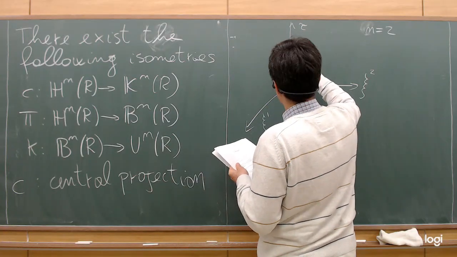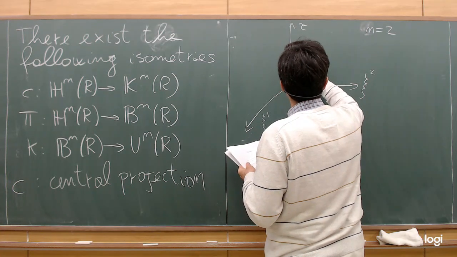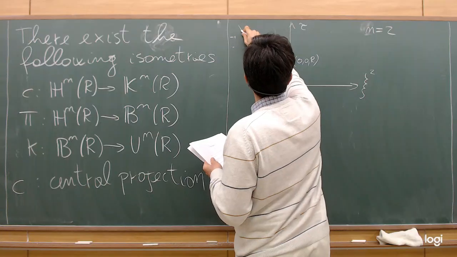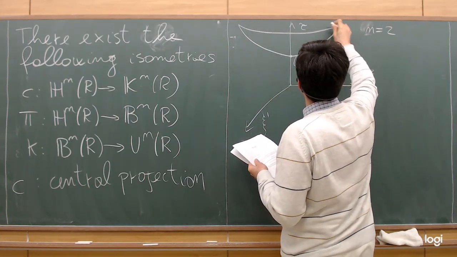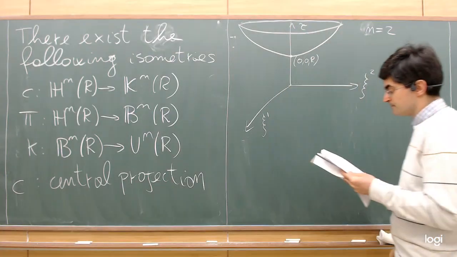This will be the point of coordinates 0, 0, r, and this is the upper sheet of the hyperboloid.